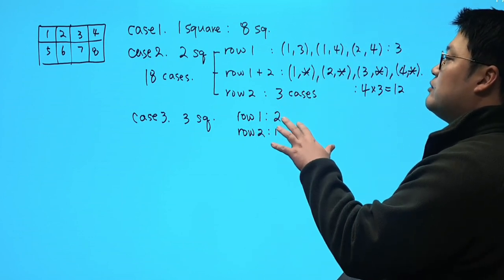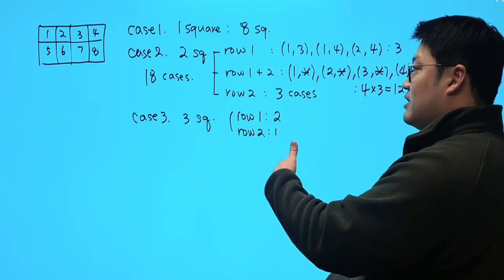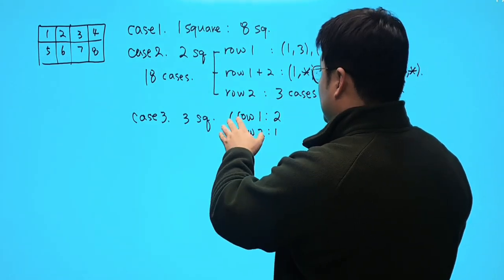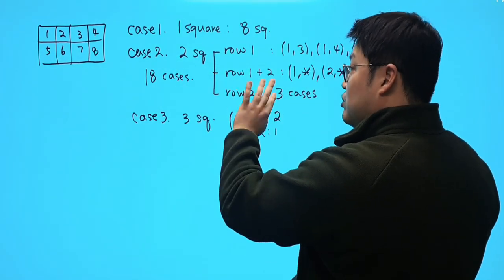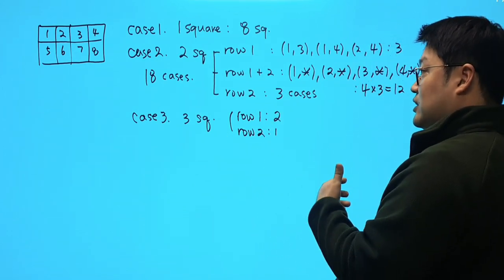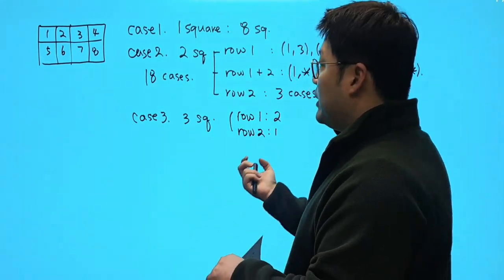And of course we're going to multiply this by 2 because it's symmetric. If row 1 has 1, 3, or 1, 4, or 2, 4, we get 3 cases, and each of those results in 2 possibilities.